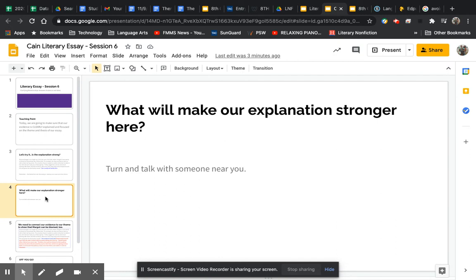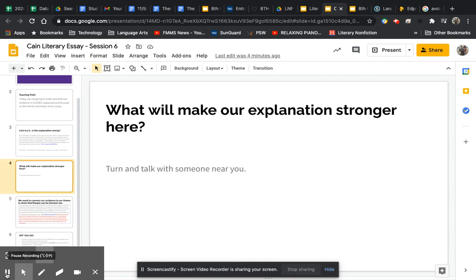What would have made this explanation stronger? Be ready to tell me, okay? Okay, so what are you guys thinking? How could we have made the explanation of our textual evidence a 5 instead of a 1 or a 2?